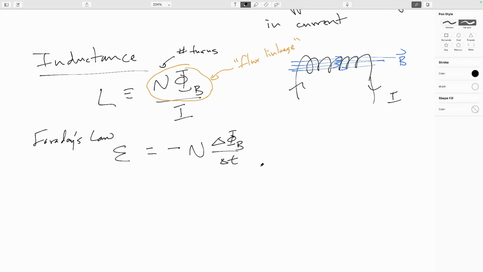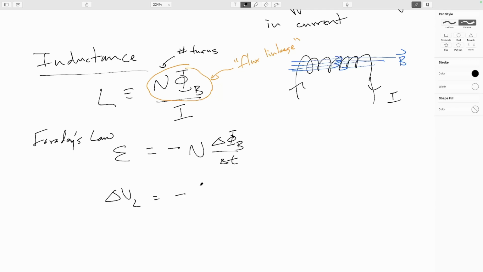That's just Faraday's law of induction. This will be the voltage difference across my inductor. Now, one thing I can do is I can say that N times the change in phi B would be the same thing as the change in the product of N and phi B.